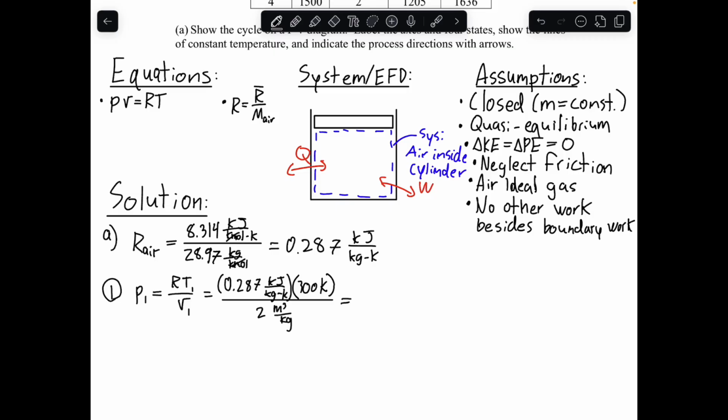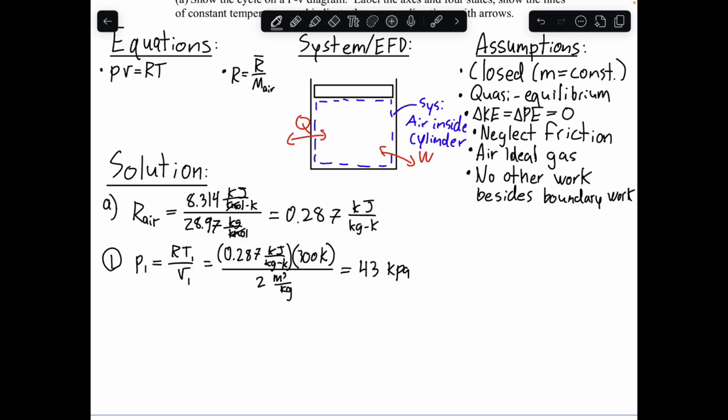And then if we just plug that into our calculator, we should get something like 43 kilopascals, doing a little bit of rounding. And so we get kilopascals because we're using this version with kilojoules. So make sure you don't get your kilopascals and your pascals messed up. So if we have kilojoules, we'll end up with kilopascals.